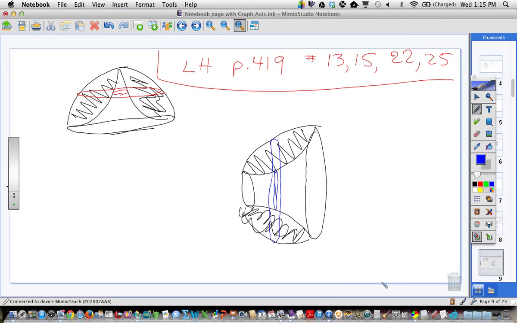Now, I think you should have 4 different pictures, but I'm not going to probably count off when I look at it if you don't. It just gets real messy with your strips and things like that. Okay, but 13 has 4 different problems. 15 gives you a region and then has 2 different things to revolve it around. And then 22 and 25 each just are 1.